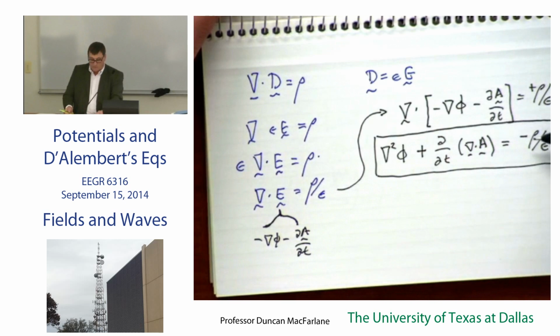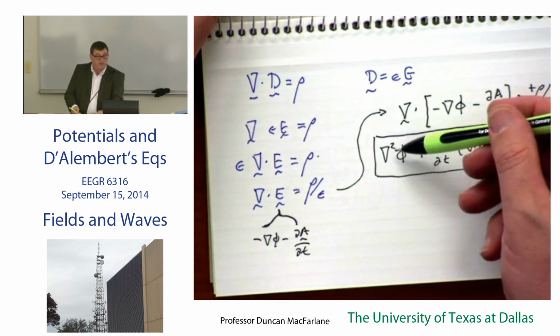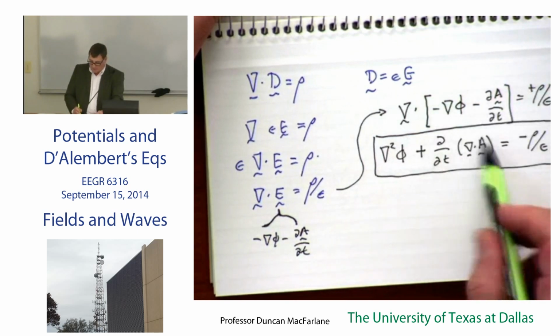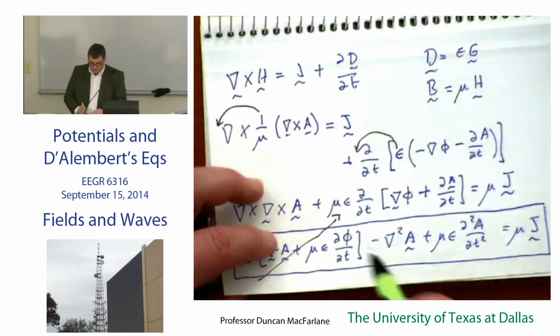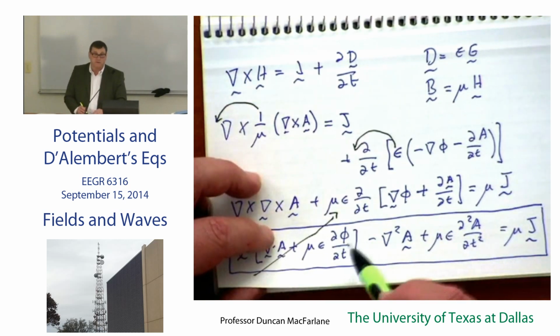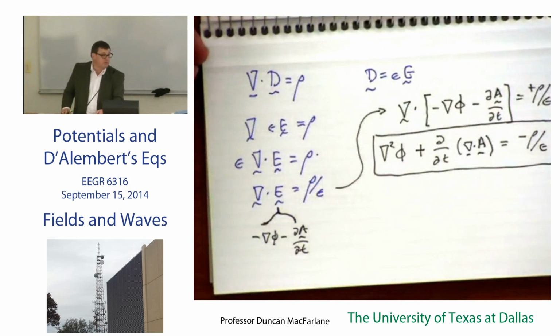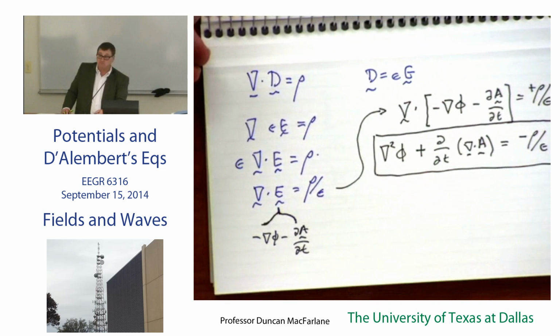The forcing term of the charge is now only a function of a second derivative with respect to phi in space. And if I get rid of this guy and replace it with the d phi dt term, a second derivative with respect to time. That's pretty cool.